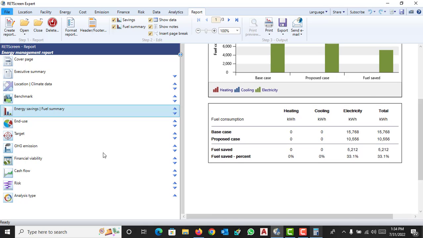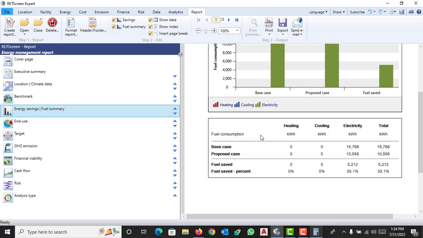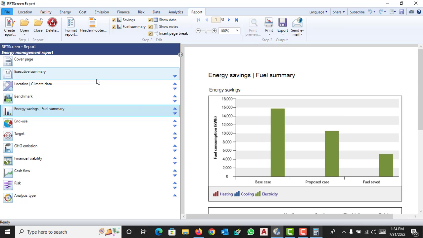So these are all the advantages of this software, and you can easily download it from any website. It is available, but it's very expensive software if you want to purchase it.